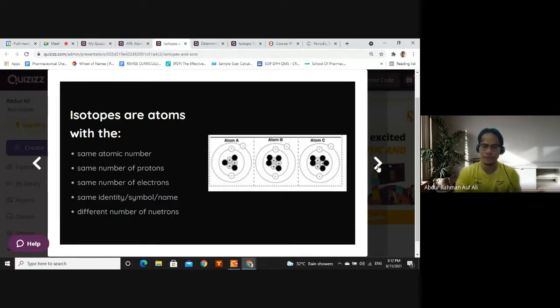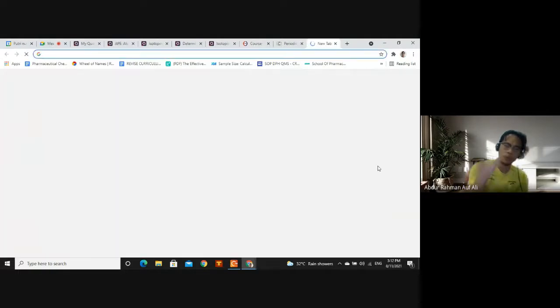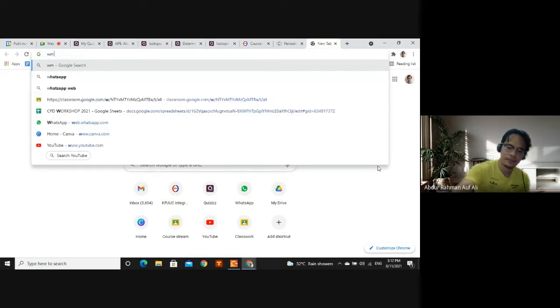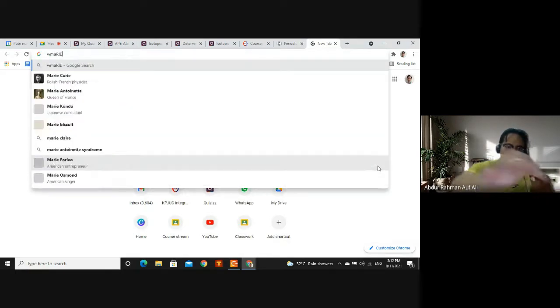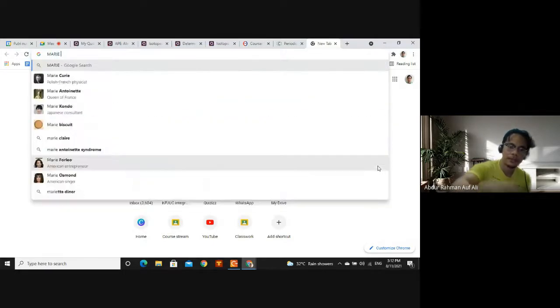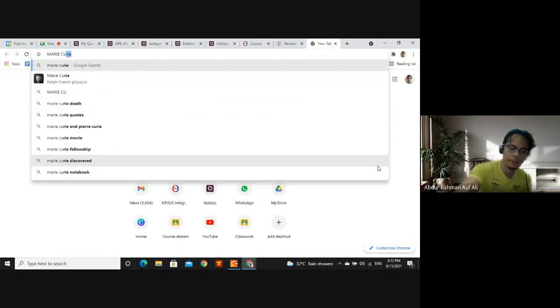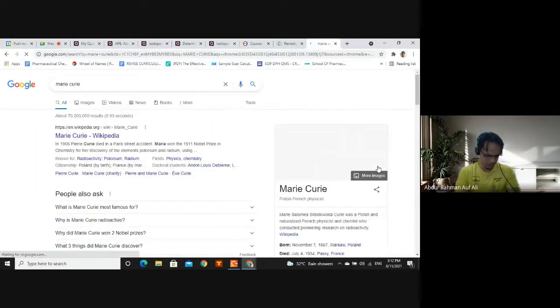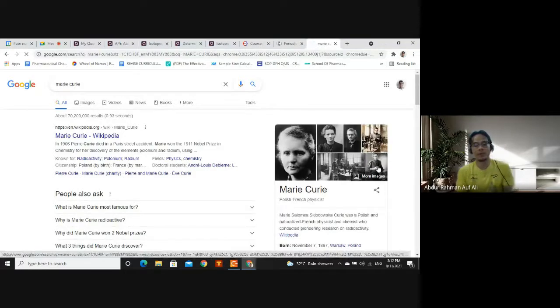Kalau kamu tak tahu who is Marie Curie, she is the only person in history who won 2 Nobel Prizes. Okay, Marie Curie is the only person yang won 2 Nobel Prizes in physics and in chemistry, and today is her birthday. Yesterday was her birthday.